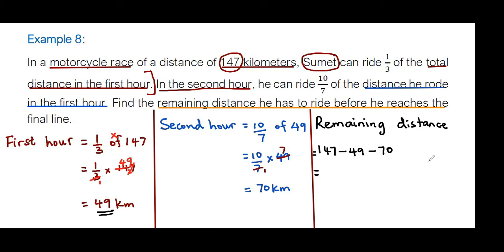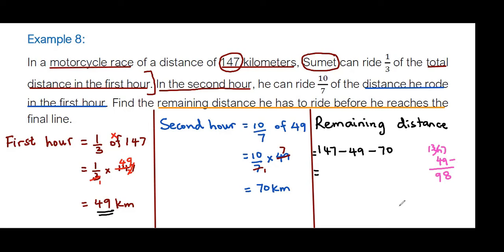So 147 minus 49, what do we have? 17 minus 9, that is 8, right? 13 minus 4, what is that? 9.